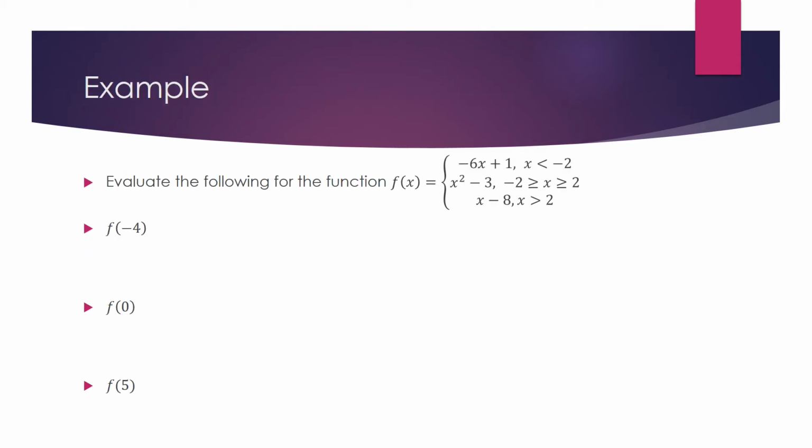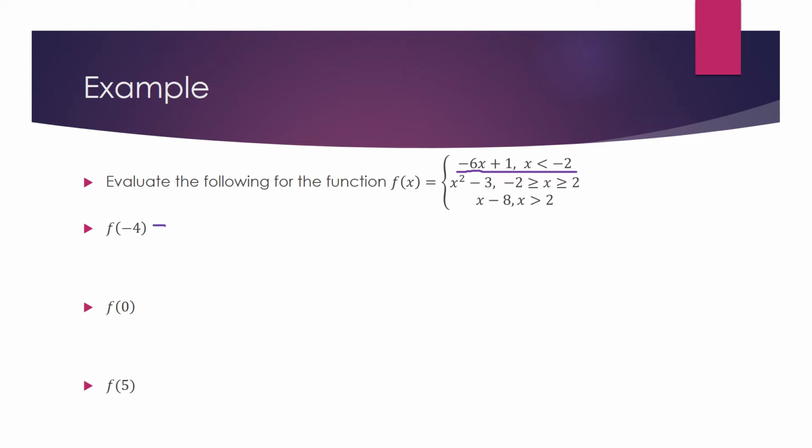Here's an example for you to try. Pause the video at this point to give yourself a chance to do it on your own. For f of negative 4, we're going to take care of the top piece function, the one I just underlined in purple, because negative 4 is less than negative 2.